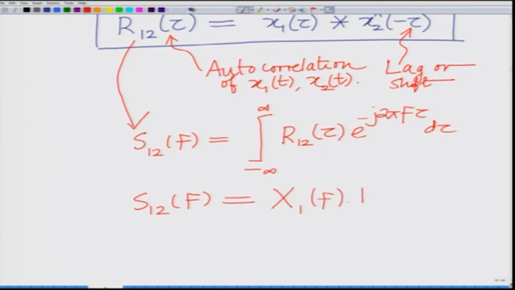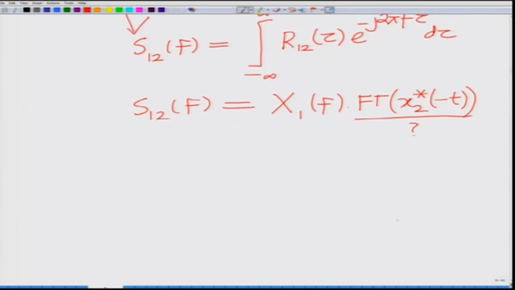Therefore, from the property of linear systems or the property of convolution, S12(f) is X1(f) times the Fourier transform of x2 conjugate (minus t). Now, what we have to do is derive the Fourier transform of x2 conjugate (minus t).